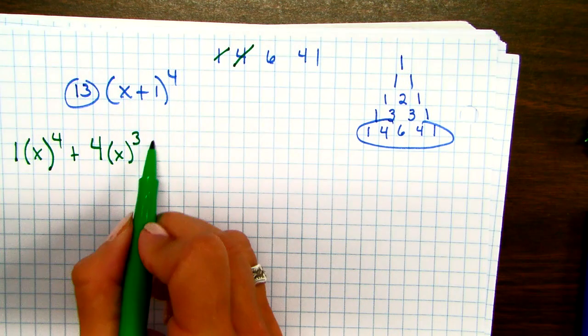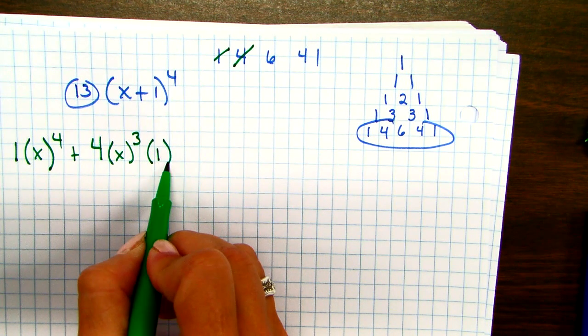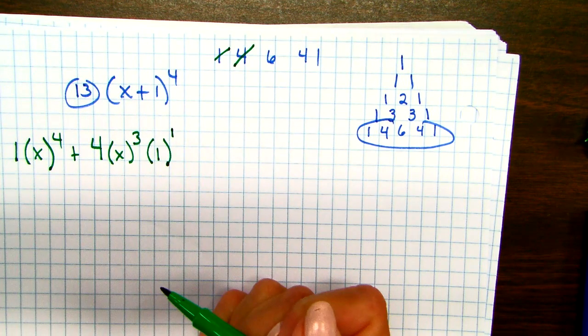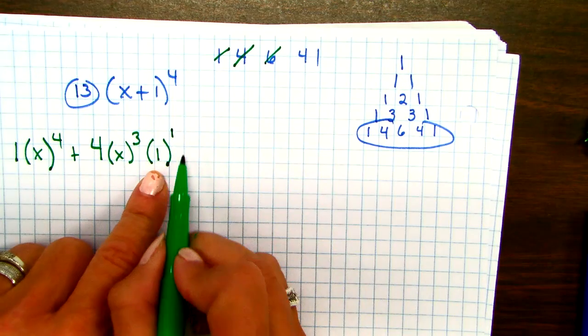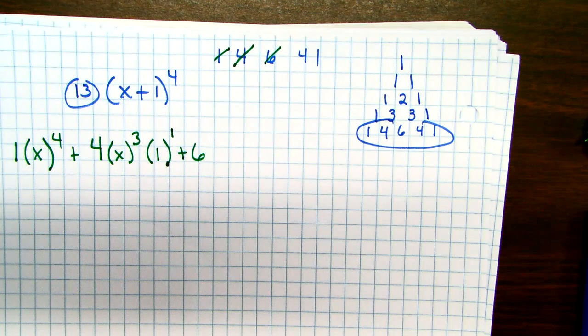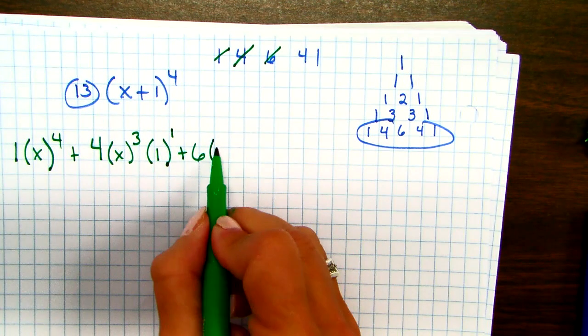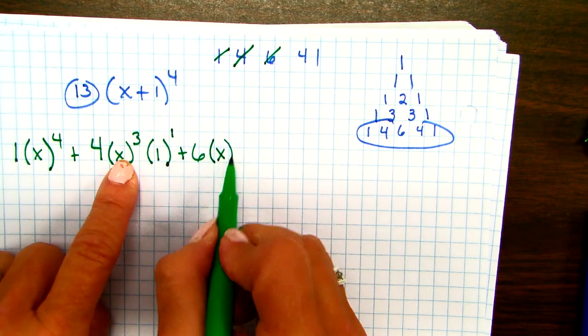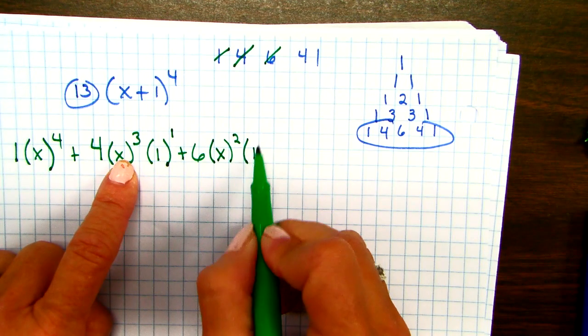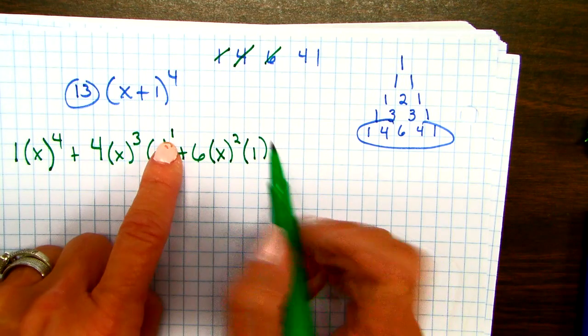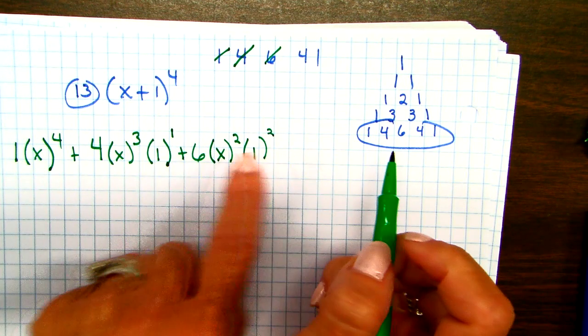And this is where I introduce 1 to the first. Adds up to 4. Next one, 6. X to the 4, 3, 2. 1 to the 0, 1, 2. Adds up to 4.